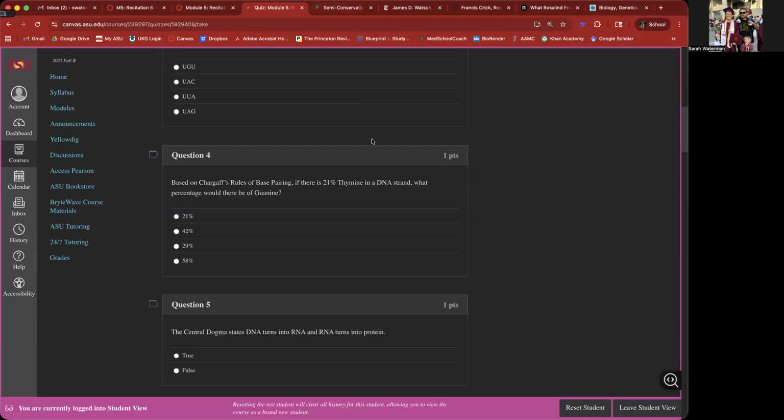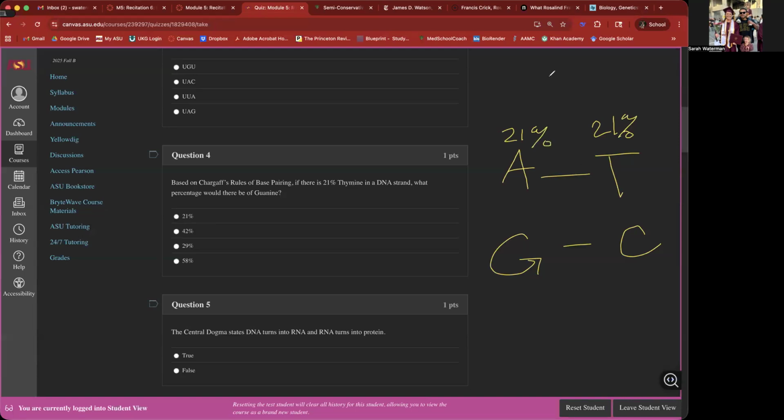An easy way to think about this, let me get my annotation out: we have A to T, and we have G to C. We have 21% here, which means we will also have 21% here.